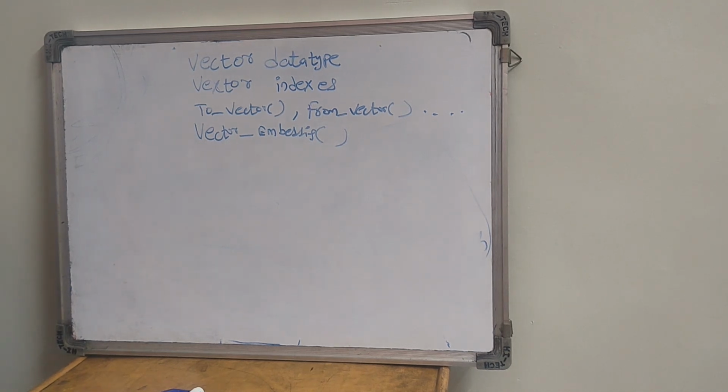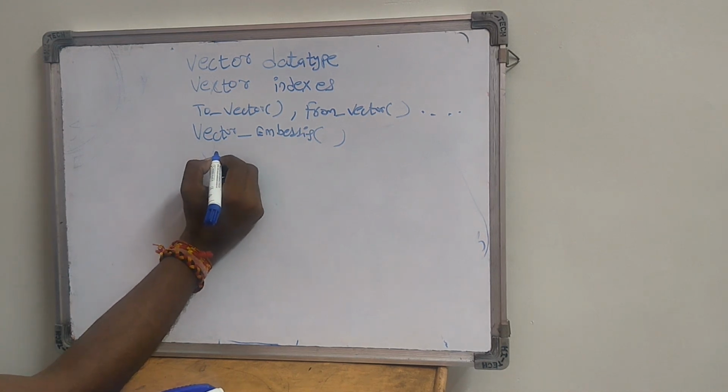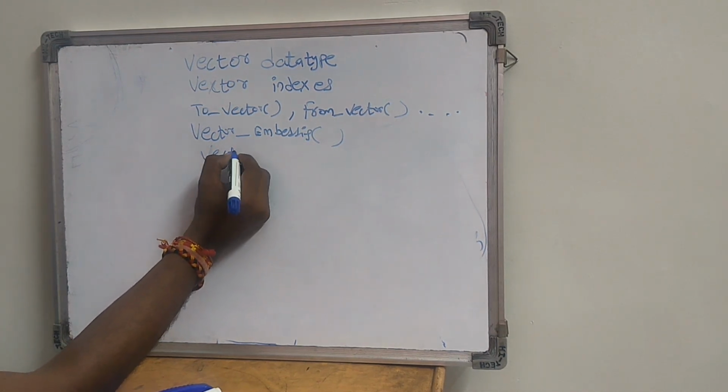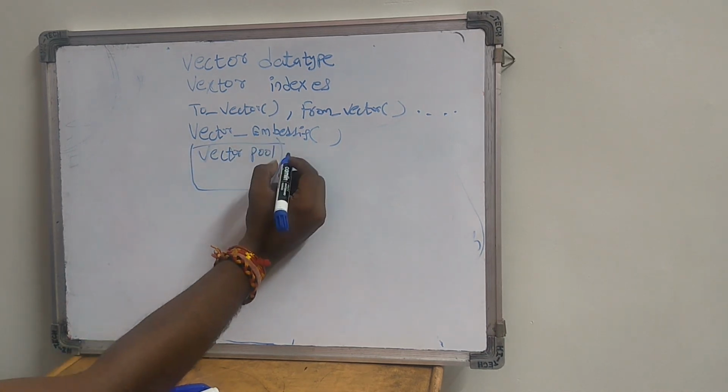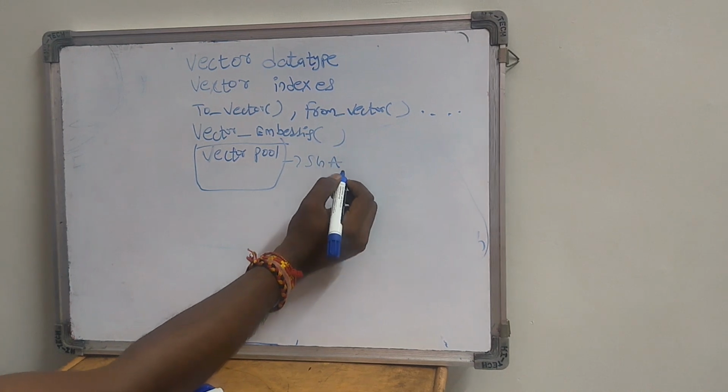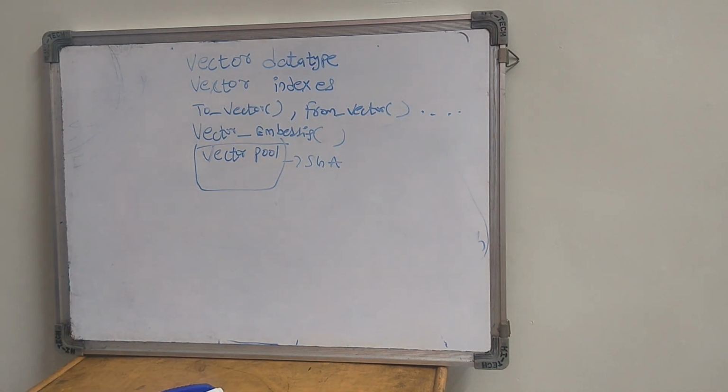And it also introduced a new pool called the vector pool in the SGA, the shared memory area. Along with the shared pool, buffer pool, and everything, it also introduced a new pool called the vector pool.